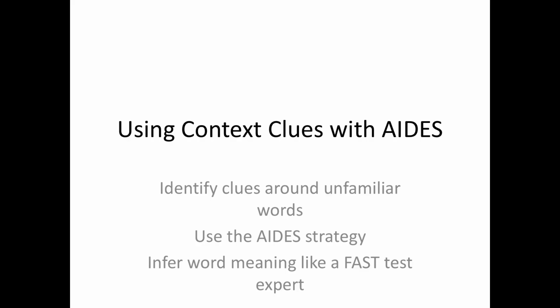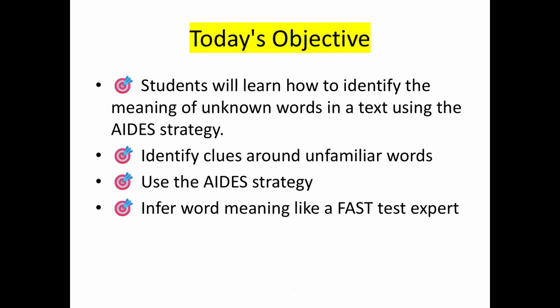So what we are going to do is identify clues around unfamiliar words, words that we don't know. And what are we going to be using? What I call the AIDS strategy. All students will learn how to identify the meaning of unknown words in a text.